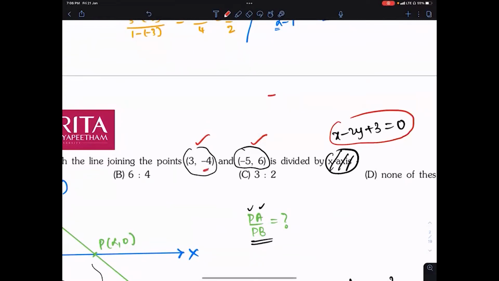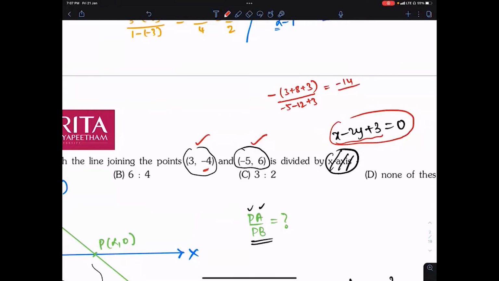substitute the first point in the line, which is 3 plus 8 plus 3. I'm just substituting 3 comma minus 4 in this line expression. Same way, substitute minus 5, 6 in this line expression. Minus 5, minus 12, plus 3. So if I simplify this, I think I'll get minus 14 by the denominator, how much will it be?